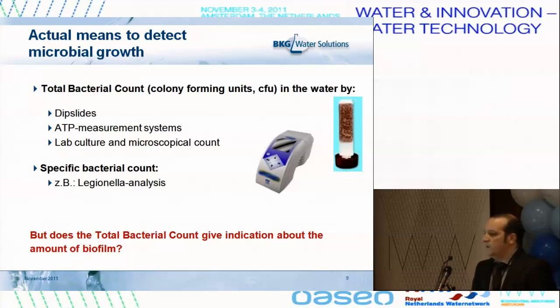And the most used is the lab culture, additionally with a microscopic count, but as you know, you take your water sample and until you have the result, 10 to 14 days pass. So what does it help, in 2 weeks, to know the total bacterial count that you had on that day? But the question was, does the total bacterial count really give an indication about the biofilm formation in the system?